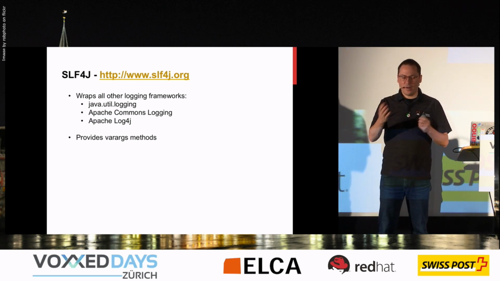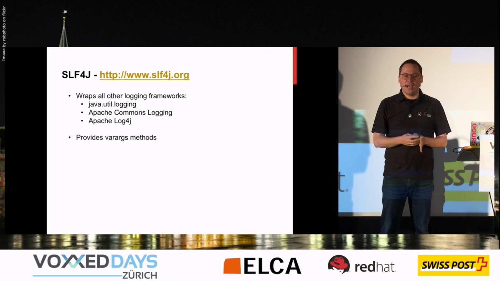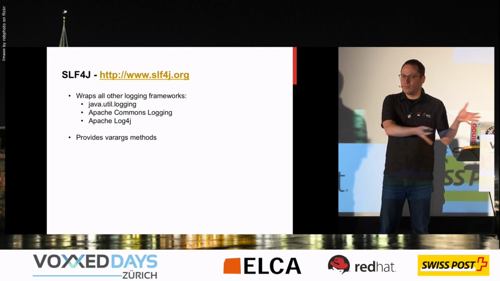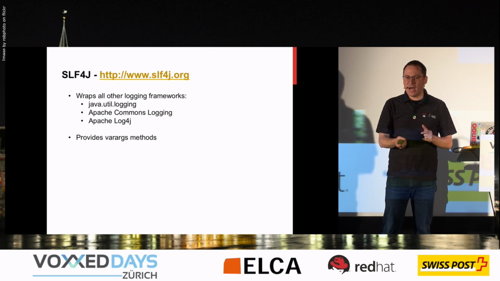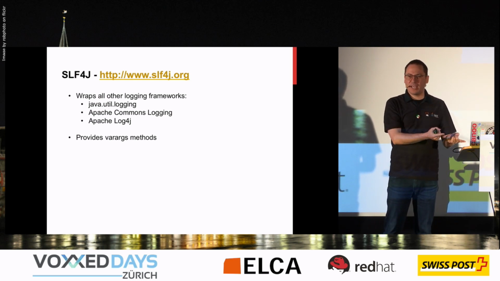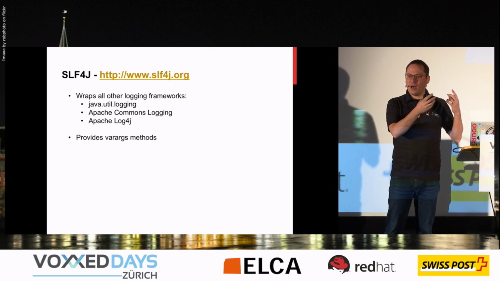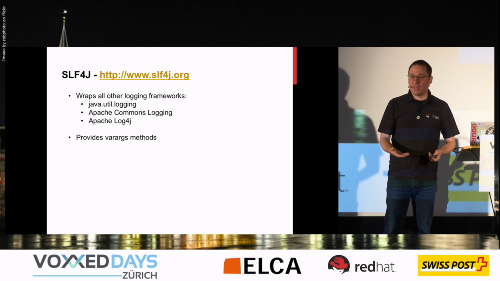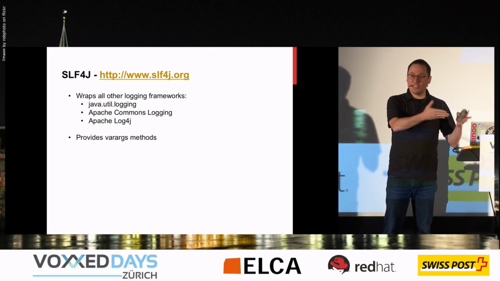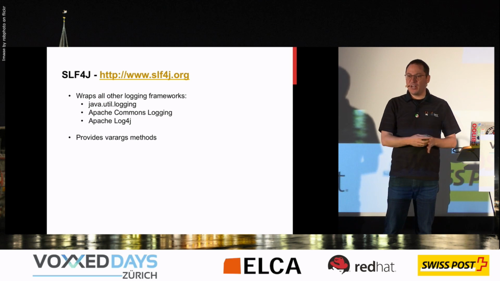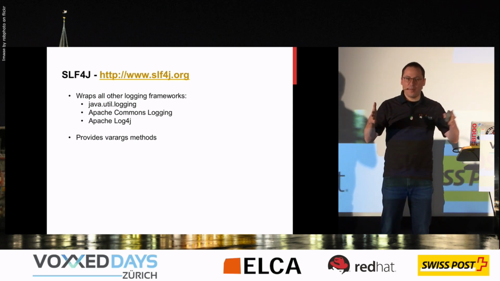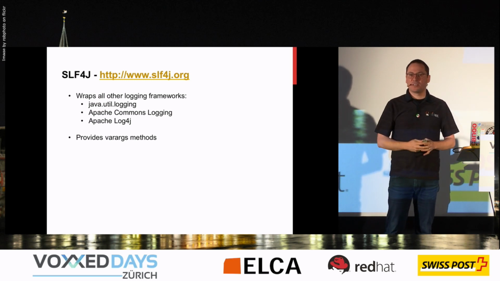Because you probably have seen this. When you do log info and then pass a message, if the info level is not enabled, then, well, the log doesn't come out, right? But you pay the price to create a string if that string happens to be an expensive one. It's not just a simple string, but concatenations and whatnot. You have to sprinkle the code with guards, like if log info is enabled, then log info. But if you have variable arguments, then you simply say log info, the format of the message, and then the arguments.